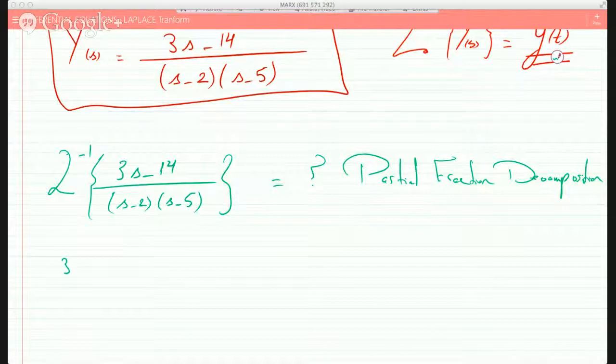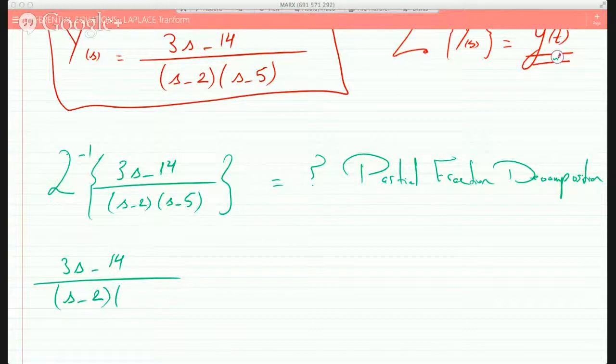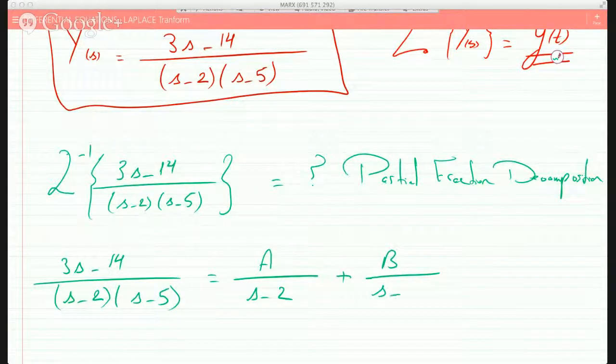So (3s - 14) over (s - 2)(s - 5) is equal to A over s - 2. There exists two numerators, A and B, such that A over s - 2 plus B over s - 5 has to equal the original. Okay?